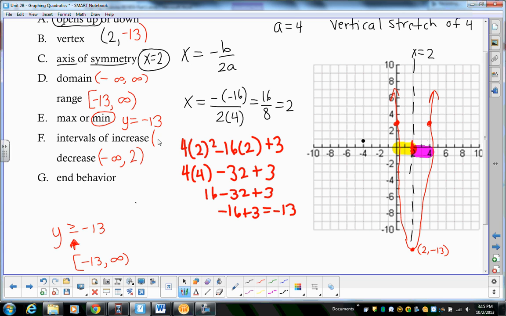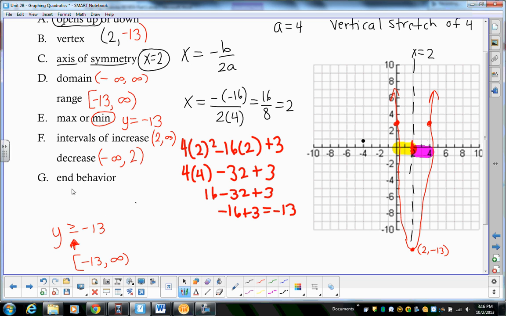I'm going to increase starting at 2 and then continue to infinity. I'm going to use a parenthesis here because it's not actually going to include that point. Seems kind of strange, but at that point I can't really say I'm increasing or decreasing because that's my turning point. So it decreases until it gets to the axis of symmetry, and once I reach the axis of symmetry, then it starts increasing.